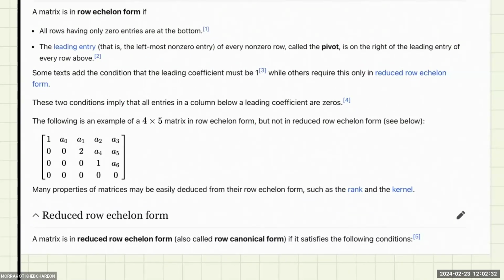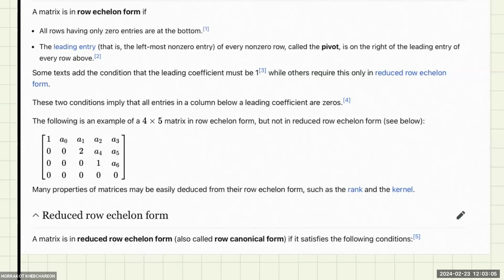Do you see the matrix over there? Showing an example is easiest. I will say that the matrix is in row echelon form if, first, you look at the zero rows. If every element in a row is 0, it has to stay at the bottom.